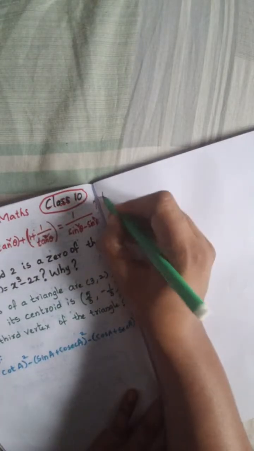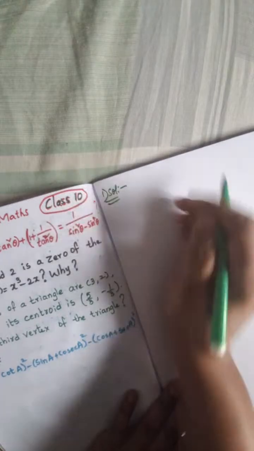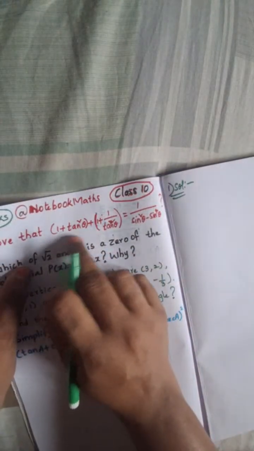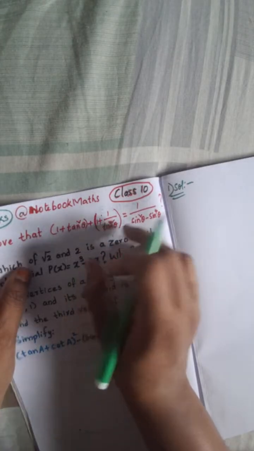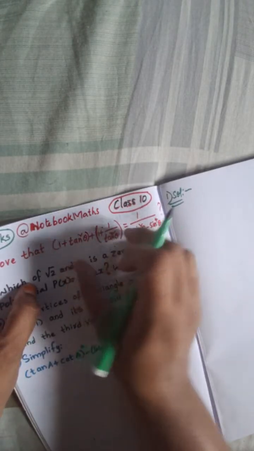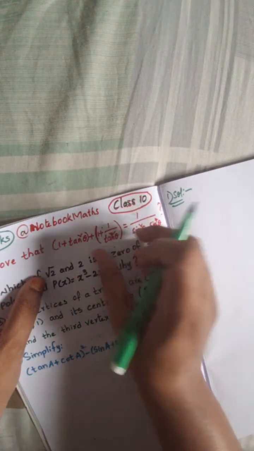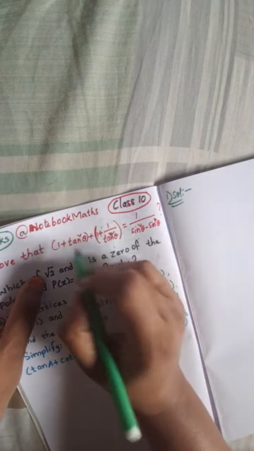First question. For the solution, we have to prove that LHS equals RHS. I am taking first the LHS, 1 plus tan square theta plus 1 plus 1 by tan square theta, and next I will do the RHS also, and if both have the same value then LHS and RHS are equal, which we have to prove.